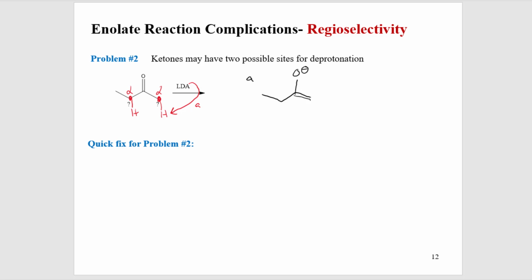B gives me a different enolate. These enolates are different because remember, when we react them, the carbon on the right for A is going to be the nucleophile, and if I made B, the carbon on the left, which is a different carbon.